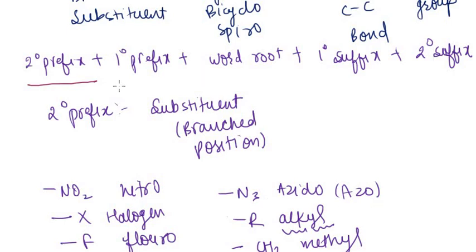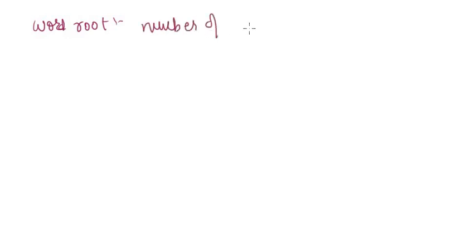Now we come to the word root. We will later see what the 1 degree prefix is. But now we are going to focus on the word root. Word root means the number of carbon in the main carbon chain, or we can say the longest chain.